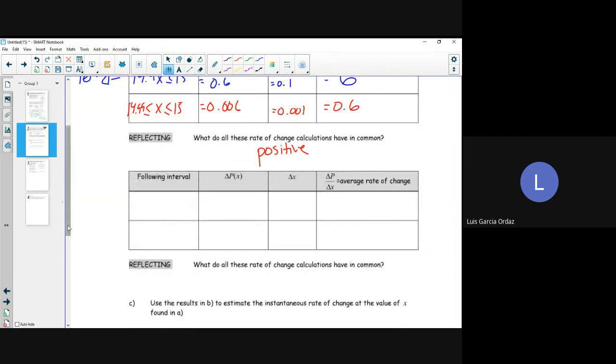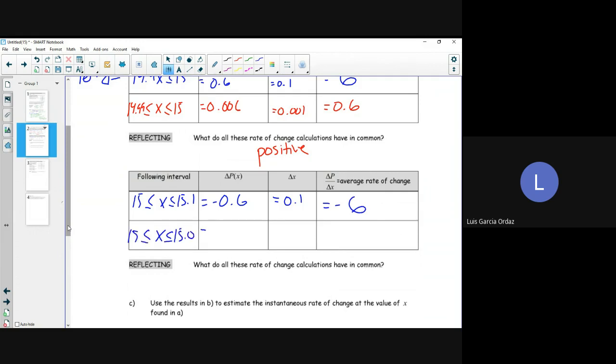So the following interval, something that comes after 15, we're going to do the same thing. So our change in P(x) is going to be negative 0.6, and our change in x is going to be 0.1, and our average rate of change is going to be negative 6. And now we pick a smaller interval, so 15.01 greater than or equal to 15.